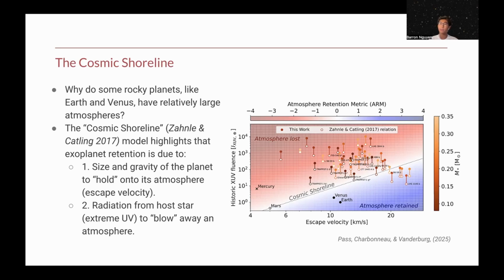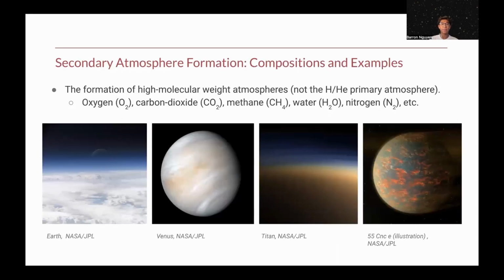So the balance between the two parameters can retain that atmosphere. And everything else, like Mercury, for example, is beyond that shoreline. It's in the red, so it probably doesn't have an atmosphere, as we know from observations that it's a bare rocky planet. So, just a quick primer on the idea of a cosmic shoreline.